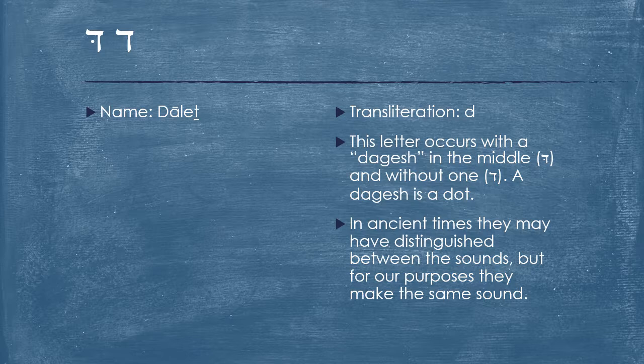We are just going to consider them the same sound. You can look at some textbooks on Hebrew, and the one without a dagesh, they might say is like the hard TH sound, as in the. But for the most part, we're just going to consider this the D sound as in dog. Okay.